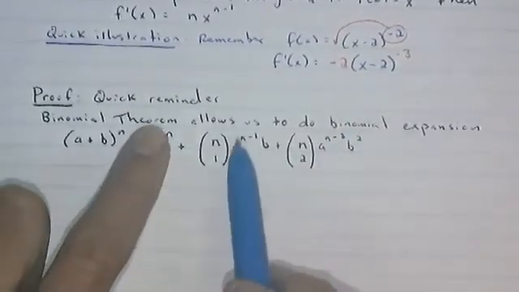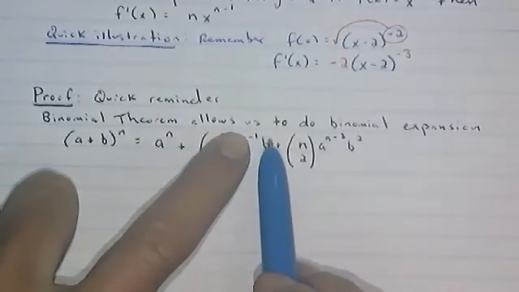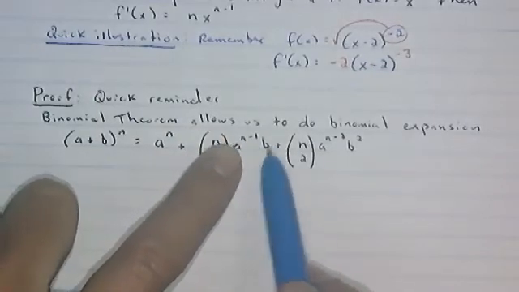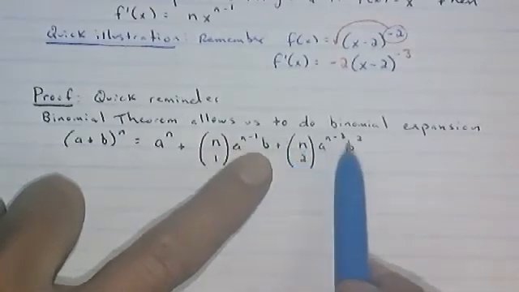That's what's happening with our exponents. The exponent on a is decreasing by 1 each time. The exponent on the b is increasing by 1 each time.